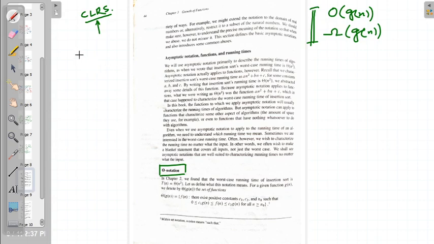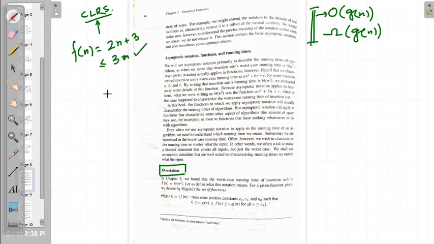Now you see by this definition, whenever I am having an expression from some algorithm, f(n) equals 2n plus 3, right? If somebody is telling it is less than or equal to 3n, then we have seen it's true.